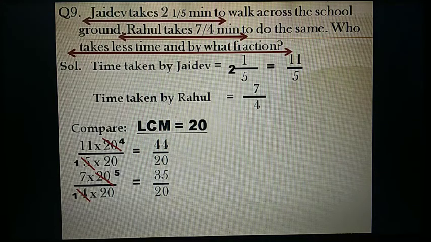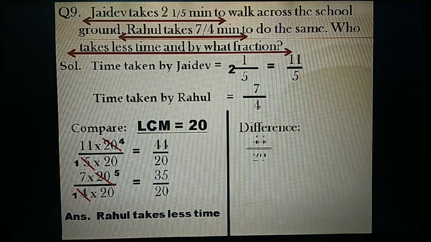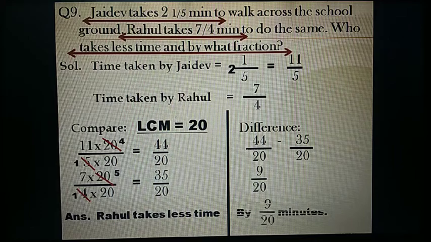Now who takes less time? Rahul takes less time. And by what? So we will find the difference. You will write it like this. Subtract the two. Answer is 9 upon 20. Here we are supposed to mention minutes as the unit is given to you.